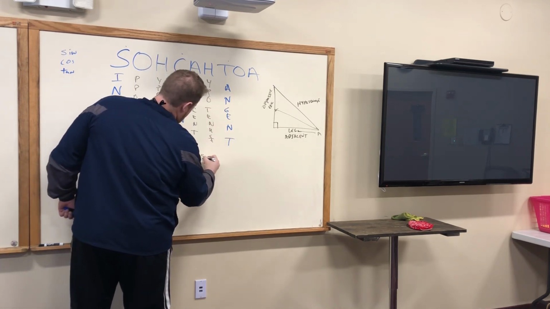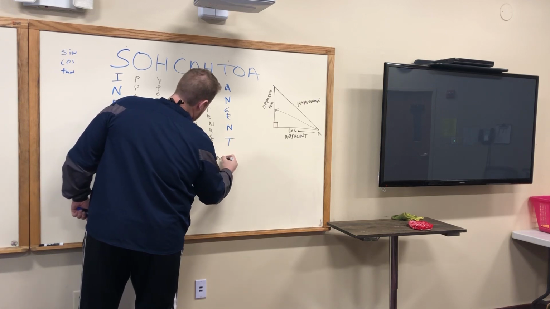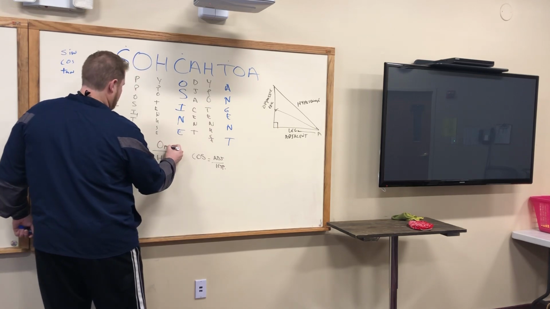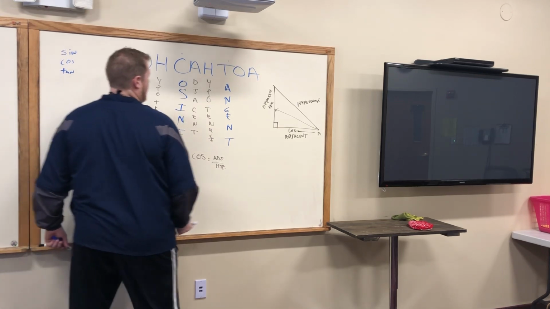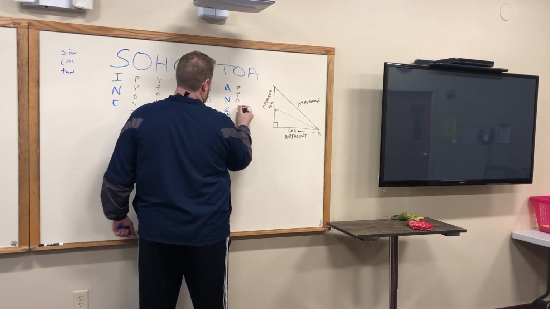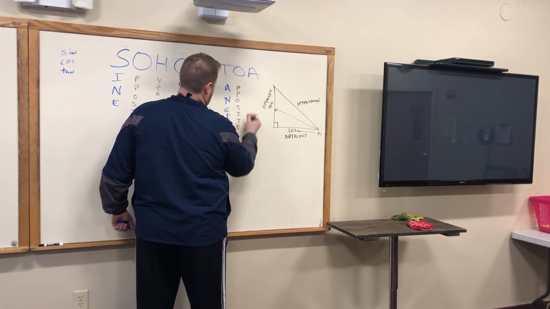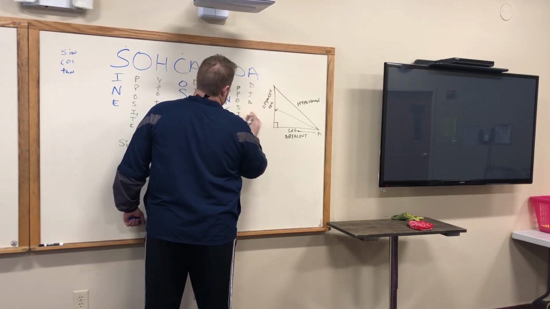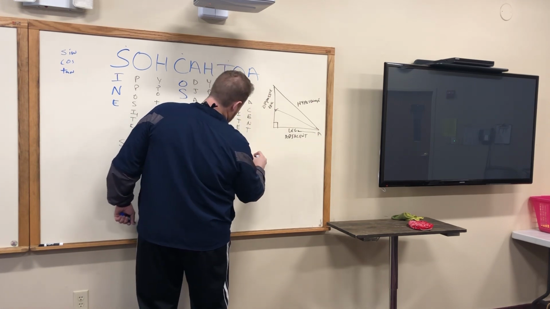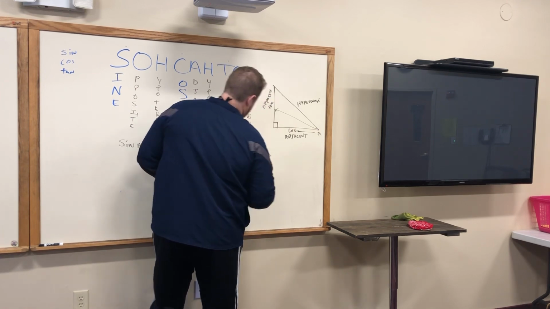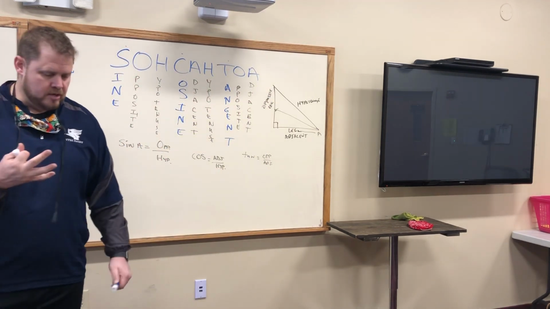So cosine equals adjacent over hypotenuse. And tangent is the opposite over the adjacent. Tangent, opposite over adjacent. So these are our three ratios.